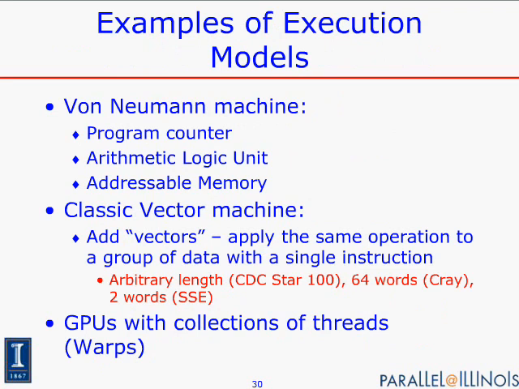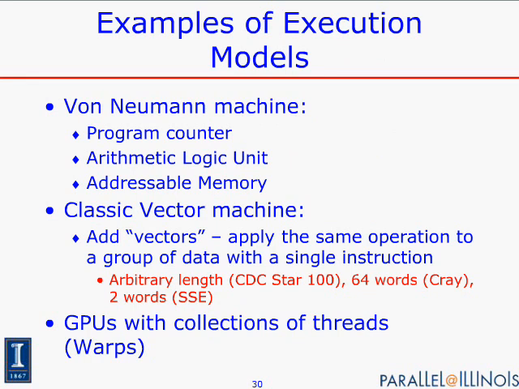The CDC Star 100 had effectively arbitrary length vectors. They were memory-to-memory operations. Crays used vector registers of size 64. And more recently, the commodity processors have been adding floating point performance by having effective short vectors, 2 words, 4 words, things like that. GPUs, with collections of threads or warps or however you want to describe it, that's another execution model.